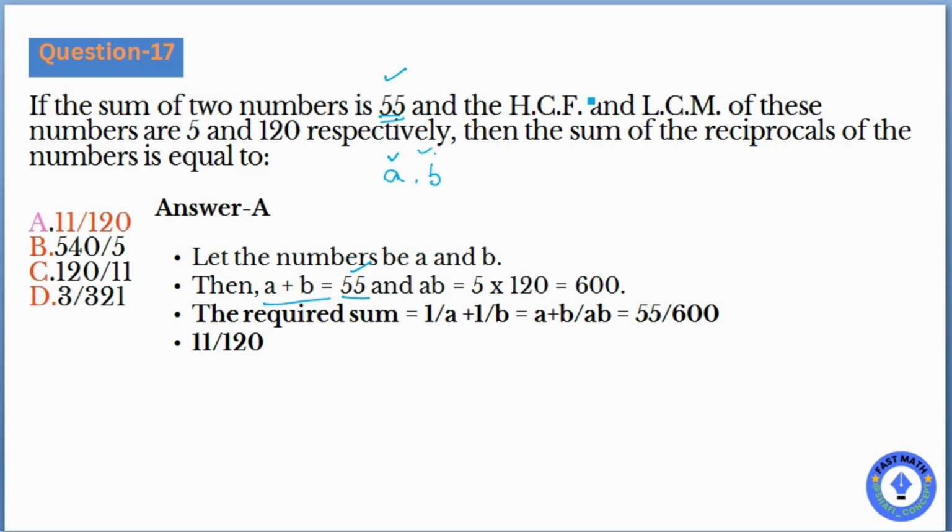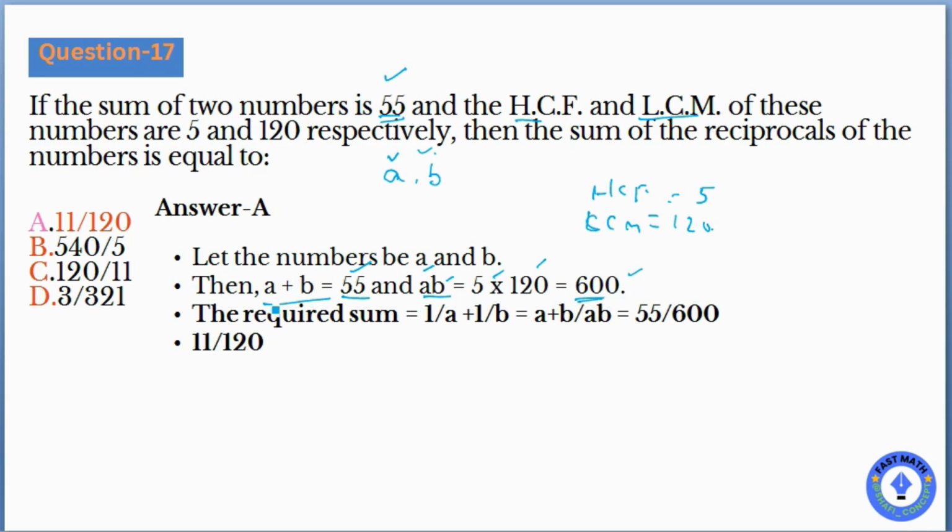Likewise, the HCF and LCM of these numbers are given: HCF is 5 and LCM is 120. So A times B is the product of HCF and LCM, that is 5 into 120, which is 600.